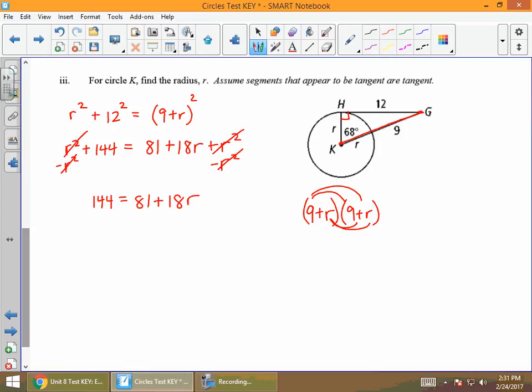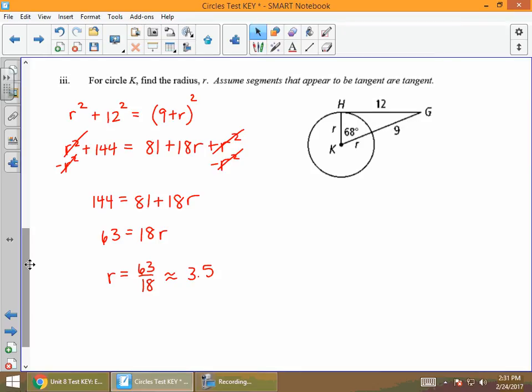Subtract 81, that is 63 is equal to 18R. Divide by 18, and R is 63 divided by 18, which is roughly 3.5. Maybe it's exactly 3.5. All right. That is the right answer. That's the right way to do it.